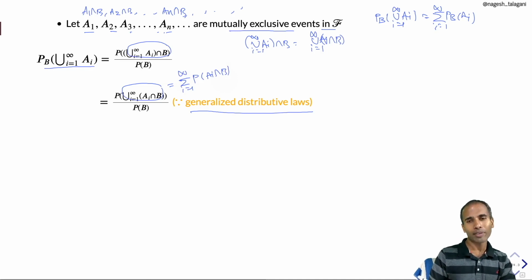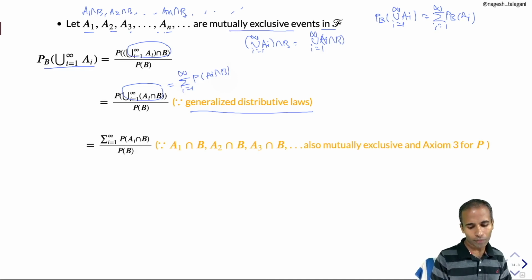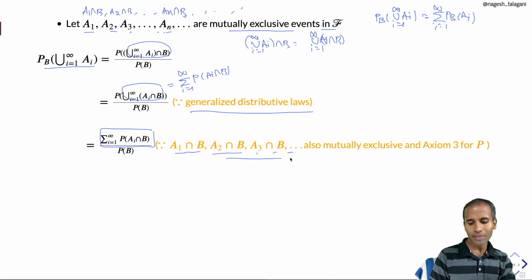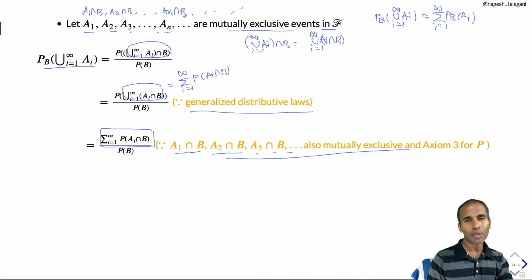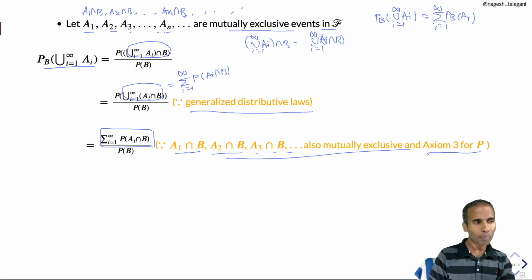So in the next step, we write this numerator as the summation over i from 1 to infinity of P(A_i ∩ B), because A1 ∩ B, A2 ∩ B, and so on are again a mutually exclusive collection of events, and we have axiom 3 for P.